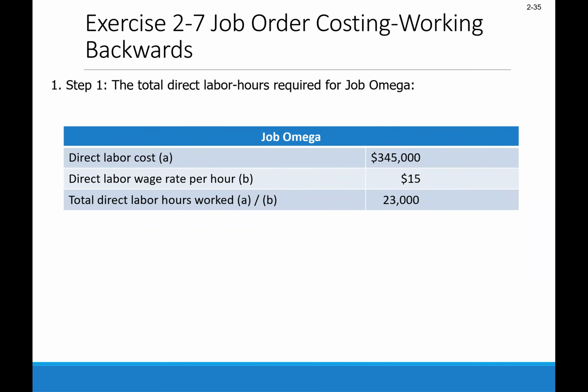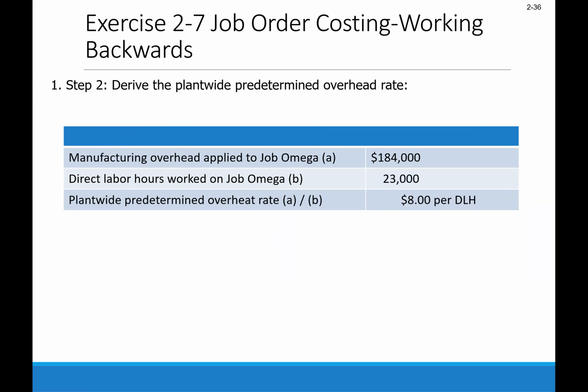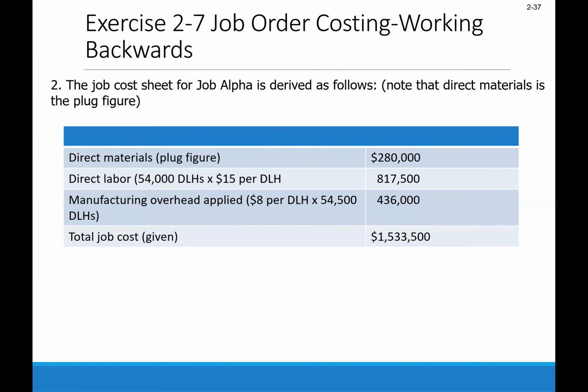So the total direct labor hours required for Job Omega would be the 345,000 divided by 15 gives us 23,000 direct labor hours. So if 184,000 was applied to Job Omega, if we divide that by the direct labor hours, we know it's $8 per direct labor hour.